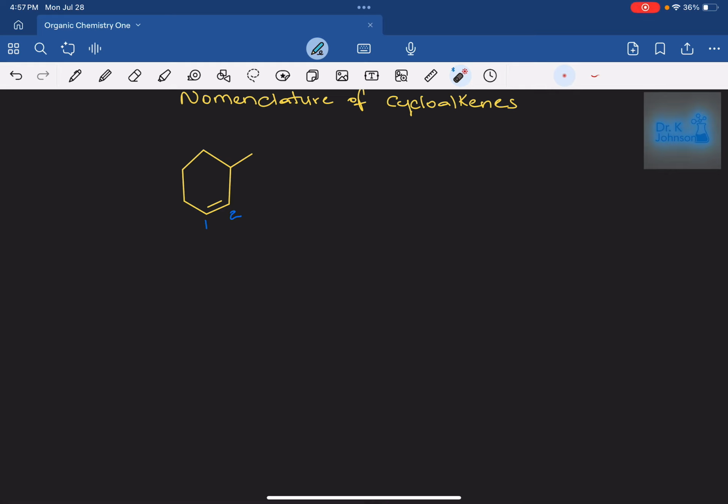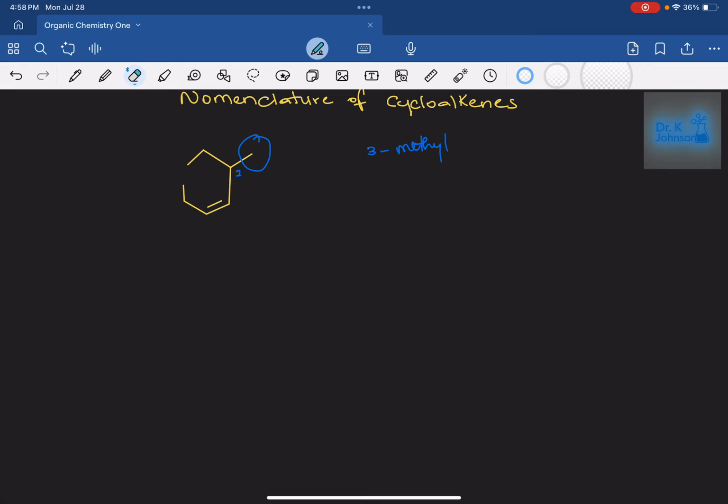So let's look at what we're talking about when we say that you have to number 1, 2 in the right direction. You already know the double bond gets 1, 2. So 1, 2, 3, 4, 5, 6. With blue, the double bond gets 1, 2, and your substituent, which is a methyl group, is on carbon number 3. What if we now number 1, 2 in the opposite direction?